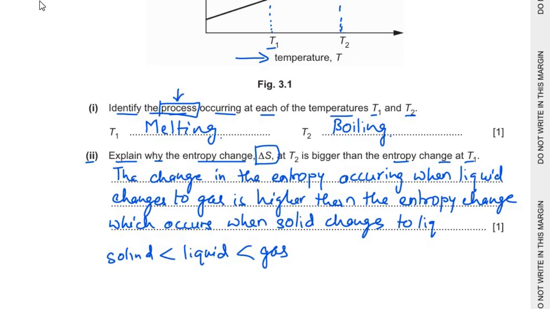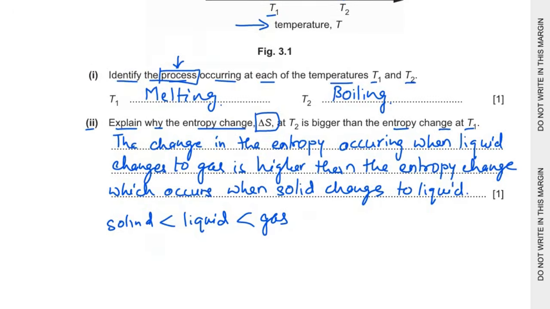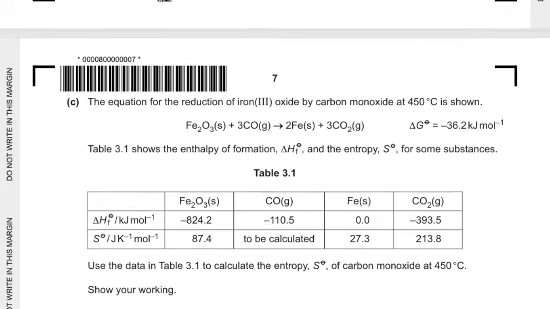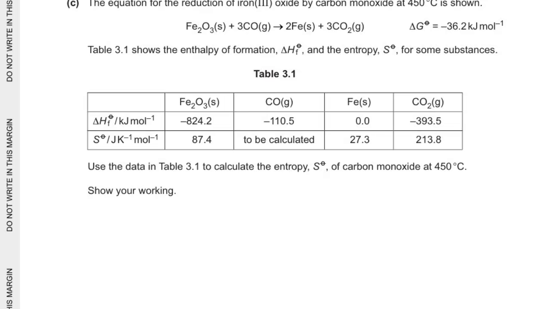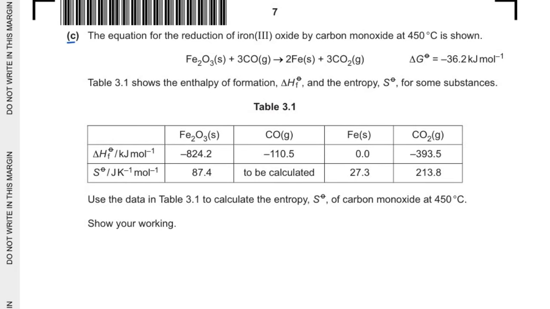Why? Because the gases have the highest entropy, and that's why the boiling entropy change will be much higher. So here is again sub-question C given here.